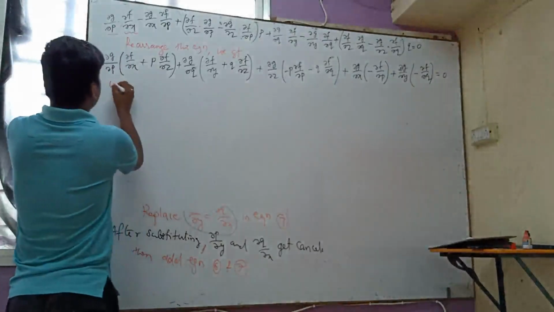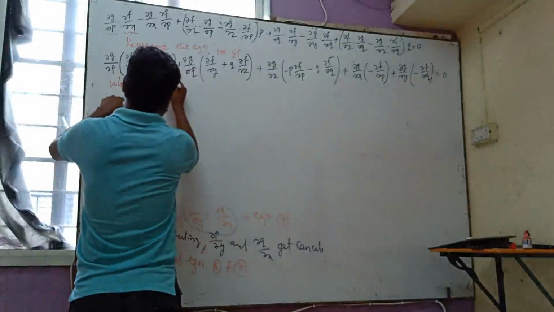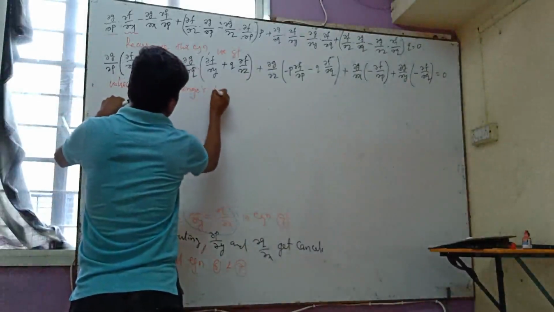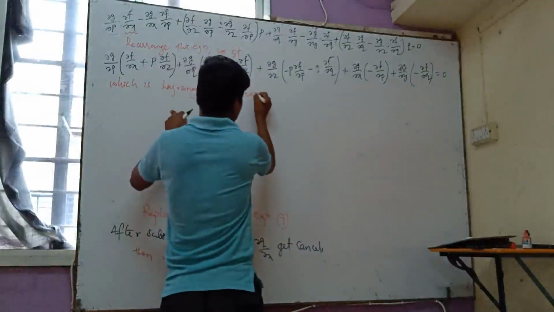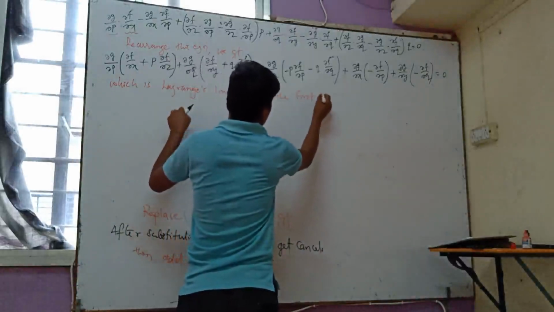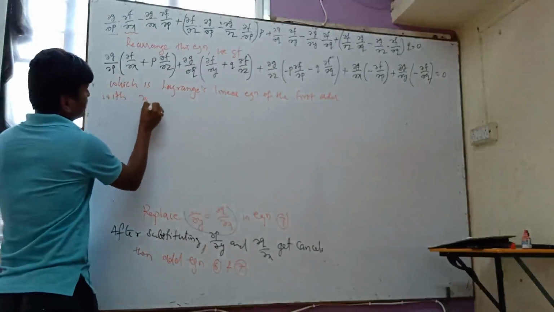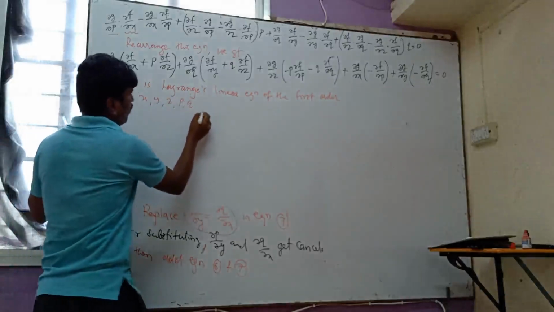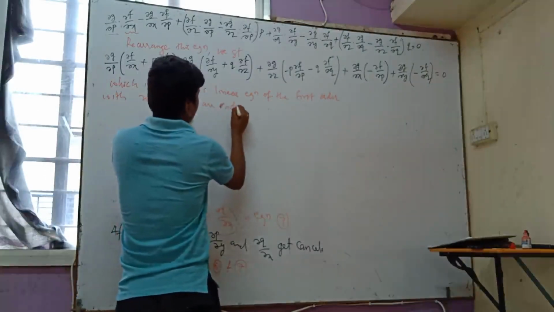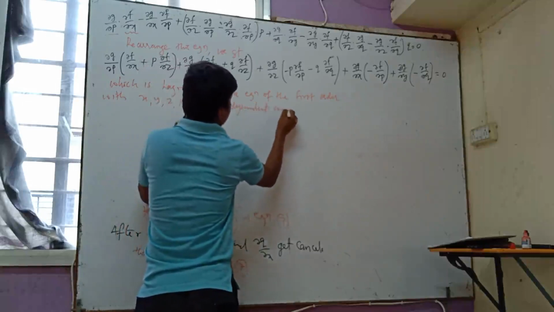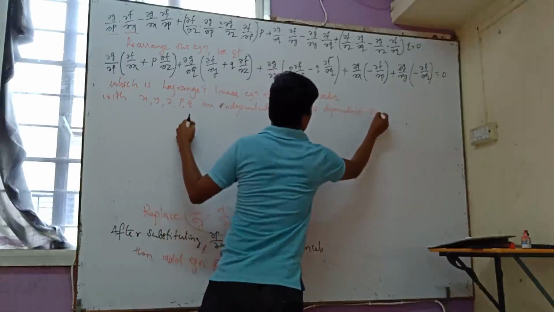So next, this is a Lagrange's linear equation of the first order with x, y, z, p, q as independent, and G as dependent variable.